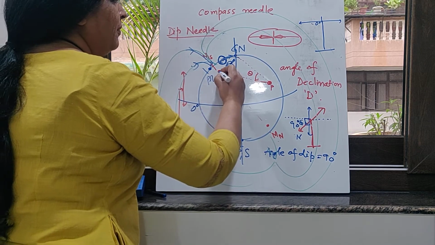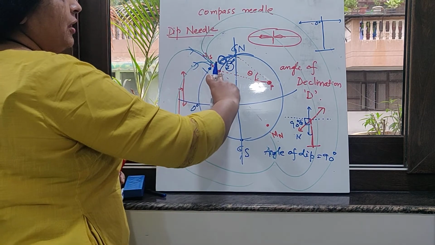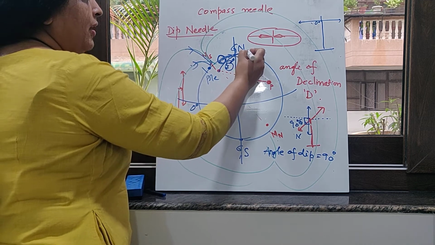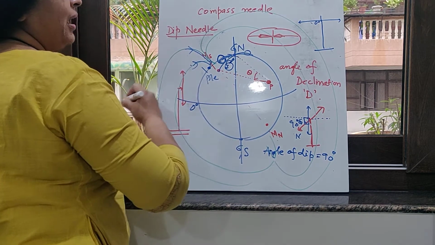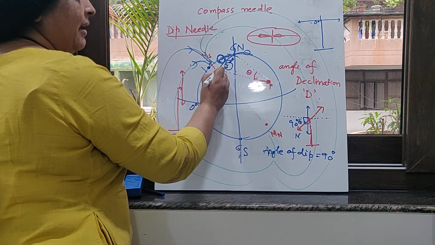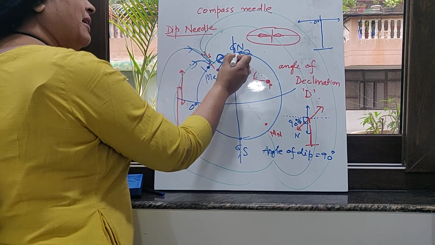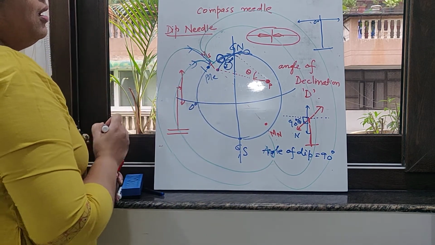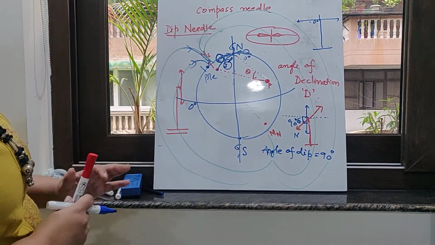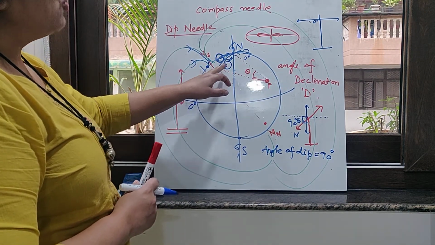Now let us assume that there is a circle drawn on the surface of the earth which connects the magnetic south pole with the north pole, and you keep the magnetic needle here. On this circle, this needle will try to point in the direction of the magnetic south pole. So it will be this direction, and the direction is the same as the geographic north pole. So here the angle is 0 degrees, which means that the angle of declination can vary from 0 to 180 degrees.